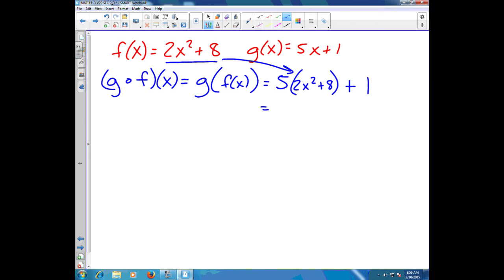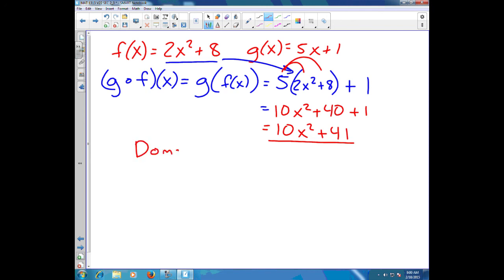We don't have to square anything here, so now we can just distribute and simplify. 5 times 2x squared is 10x squared. 5 times 8 is 40, plus 1. And we get 10x squared plus 41. And now, once again, we can determine the domain just by looking at the function. There's no denominator, no square root. So the domain is just all real numbers, from minus infinity to infinity.